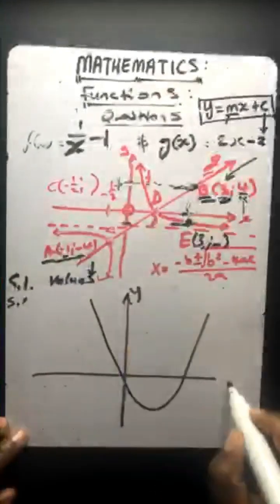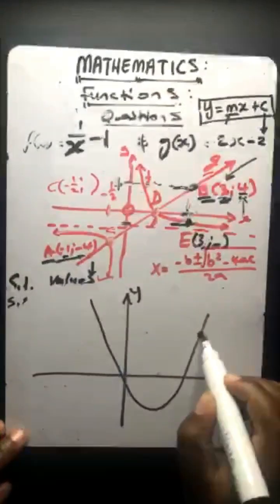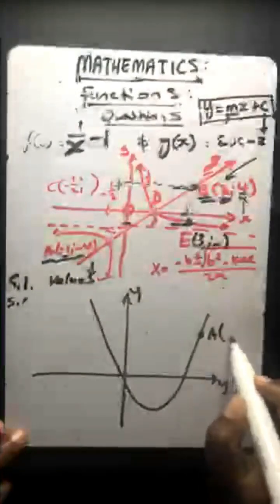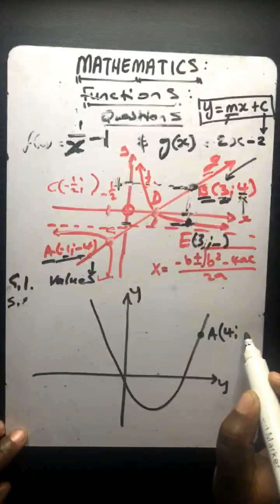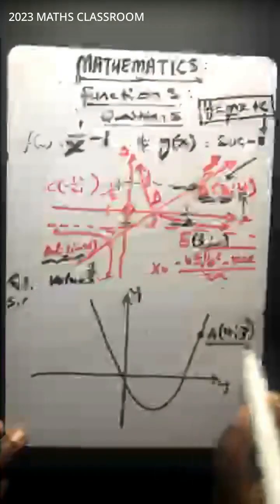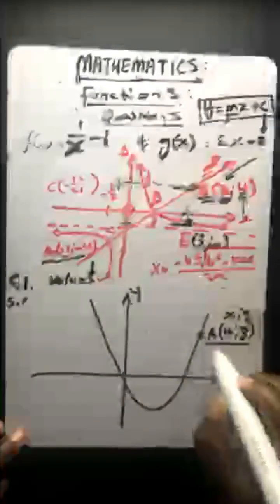This is the y-axis. This is what happens, guys. If you have a point which says 4 and let's say 3, this means x and y at that point.